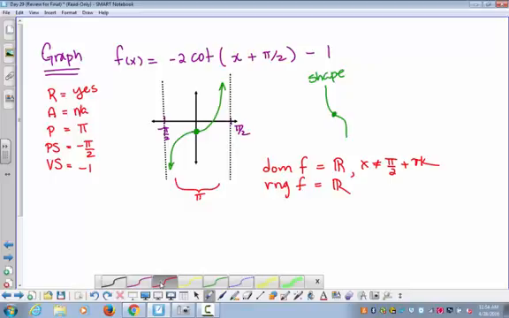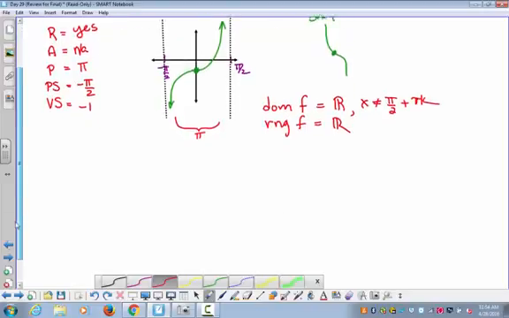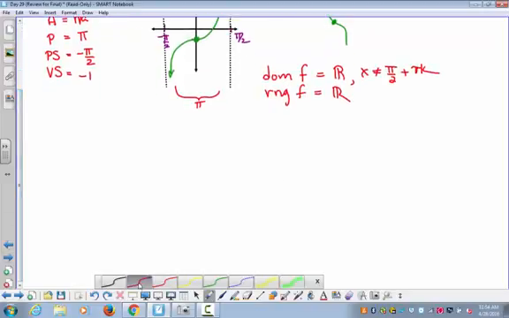Let's do a tangent one right next to it just to compare how they're different. So let's graph f of x equals 4 tangent of 2x minus pi over 2 minus 3.